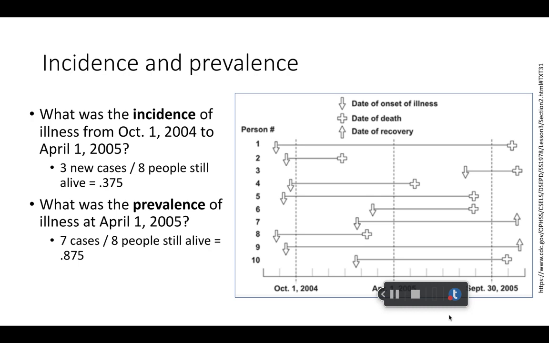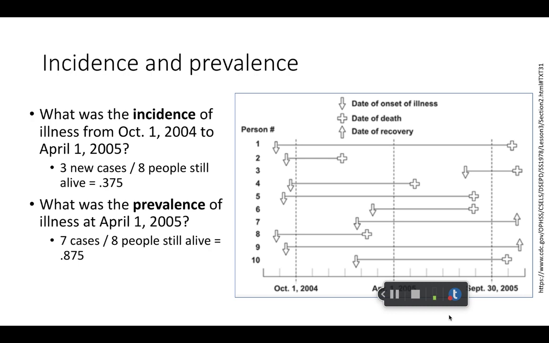So let's try this. What was the incidence of illness from October 1st, 2004 to April 1st, 2005? So between the first two vertical dotted lines, I'm going to count the number of new cases. I see at first 4 cases that began before our interval, so they don't count.